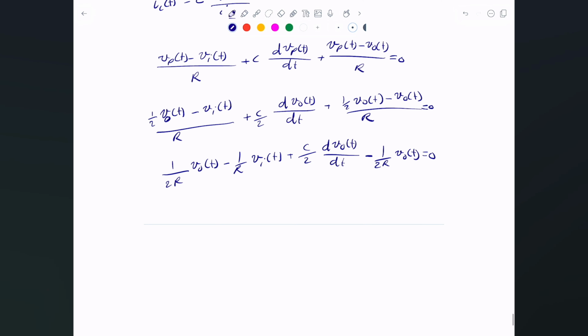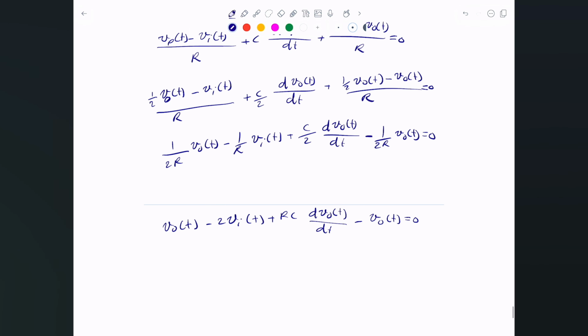And that should be 0. So if we multiply by 2R, we'll get V output of t minus 2 V in of t plus, because we multiply by 2R, RC dV output t divided by dt, and minus V output of t equals 0.